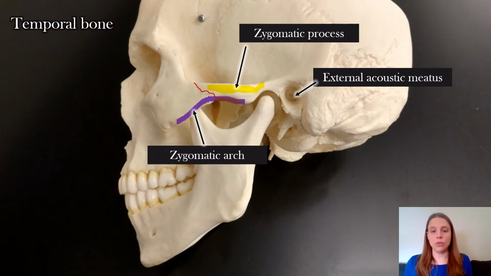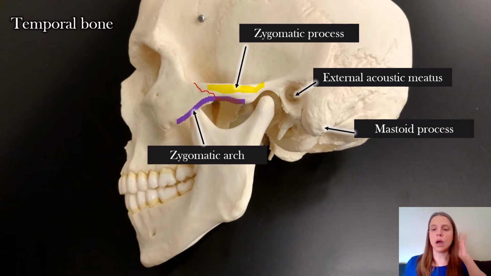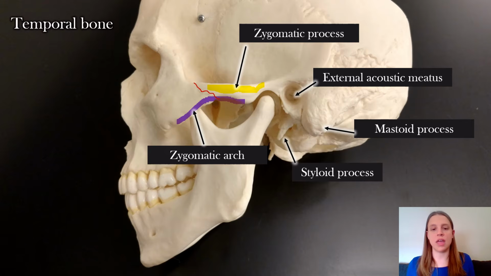Your ear hole is the external acoustic meatus. Those little bumps you can feel behind your ear are your mastoid process. And then you also have the styloid process, which is like a little point. Like a stylus is a pen.